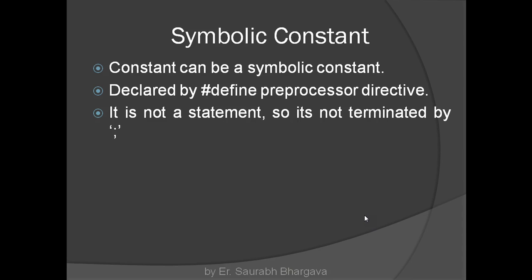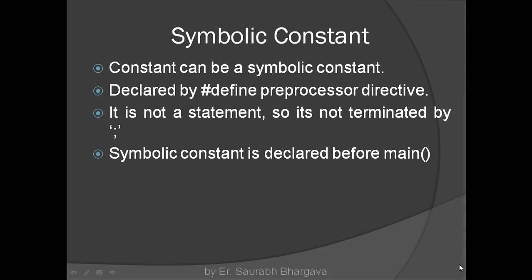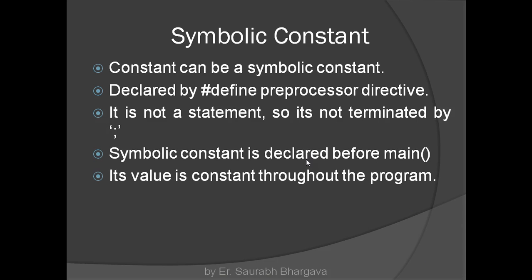In the previous slides we studied integer constants and character constants, but we can also create symbolic constants, which can be integer, float, character or a string. A symbolic constant is declared before the main function, that is, in the global declaration area. Therefore it is available in the whole program. Its value is constant throughout the program.